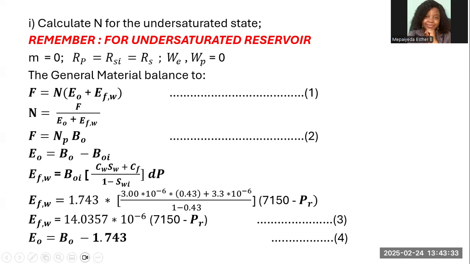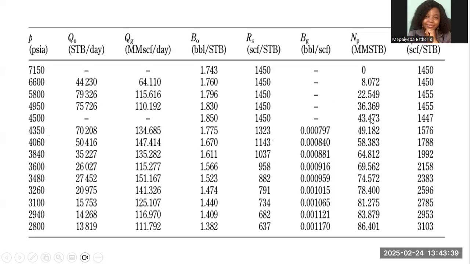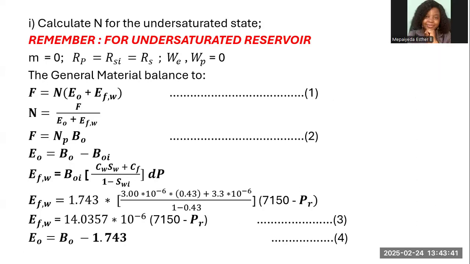Okay, so for the undersaturated reservoir, you have your m equals 0. That's your gas cap. We and Wp equal 0.